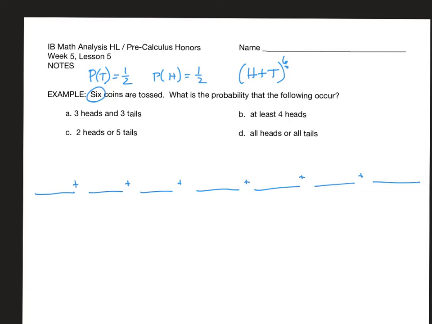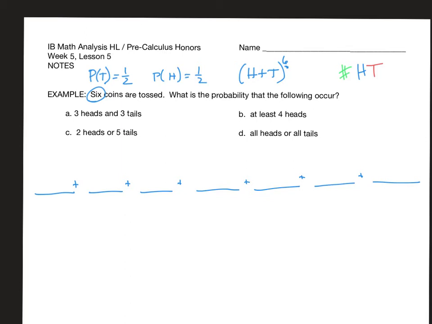Each of these blanks is going to have 3 things in it: something dealing with heads, something dealing with tails, and a number.